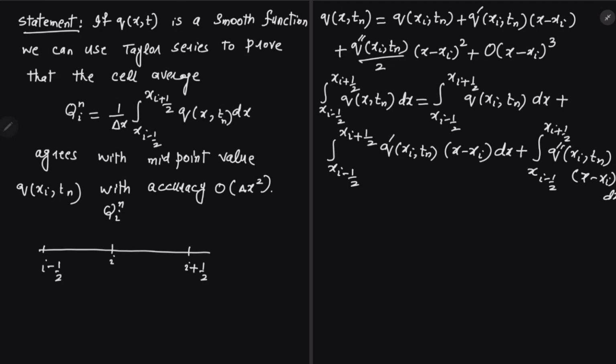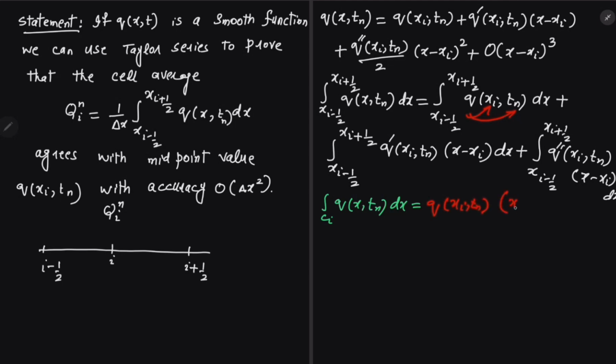So we need to solve this equation. The left hand side remains the same, the integral over C_i of q(x, t_n) dx. I used C_i for the cell. On the right hand side, since q is a function of x_i, x_i is constant, t_n is also constant, so we keep this q(x_i, t_n) outside of the integral.